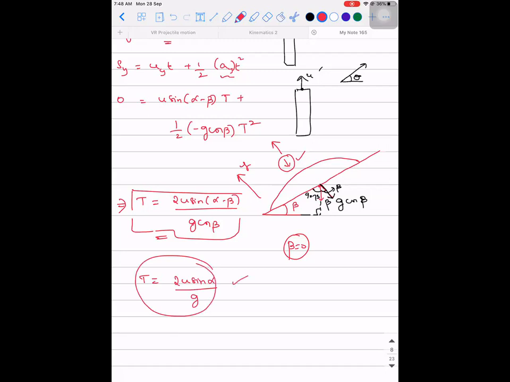Is this not the expression we got in the previous case? I hope you're able to visualize. Please make a note of it.